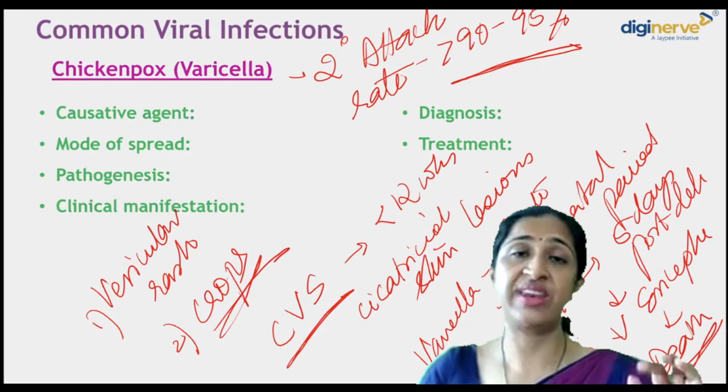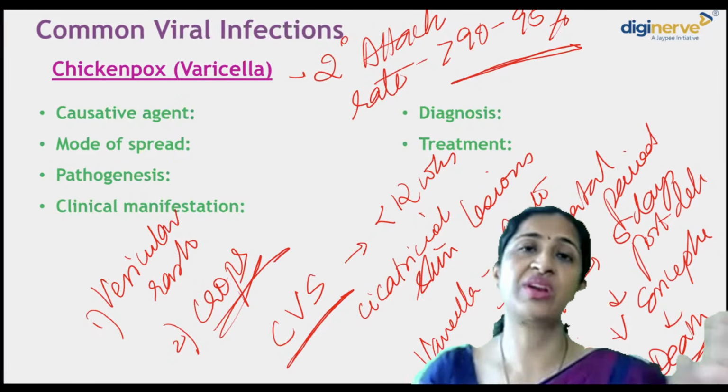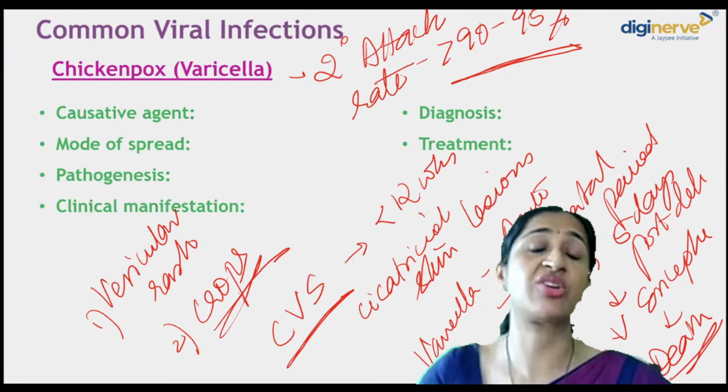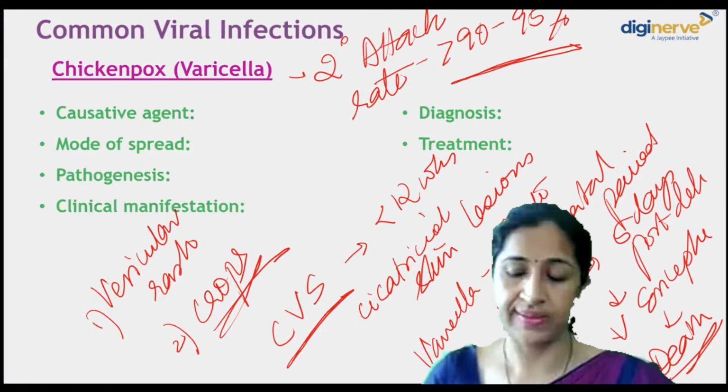Very, very important. Varicella you can get only in the middle trimester. You cannot get varicella in the first trimester or even in the late third trimester, because the outcomes are very, very poor.